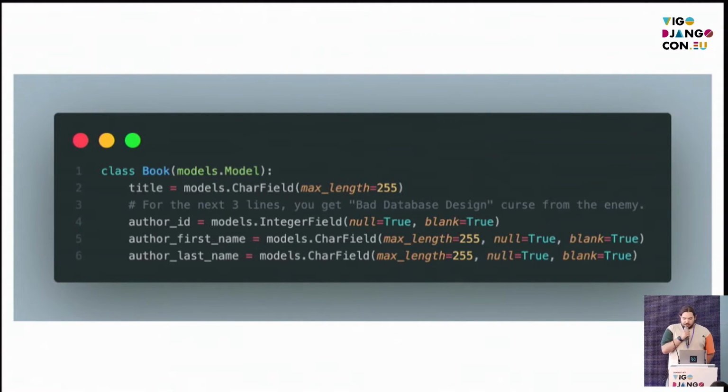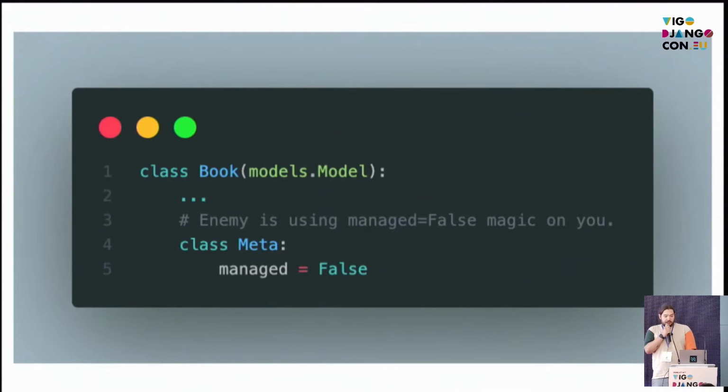So the author ID was an integer field, and there was also author first name and last name, which are CharFields. Normally, you would have a foreign key for that, a single foreign key. And I thought, okay, now I can do a refactor to get rid of these and use the foreign key. But now the enemy was using the managed=False magic on me, so I don't have any way to change the database.